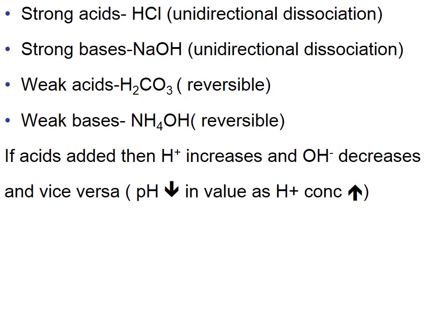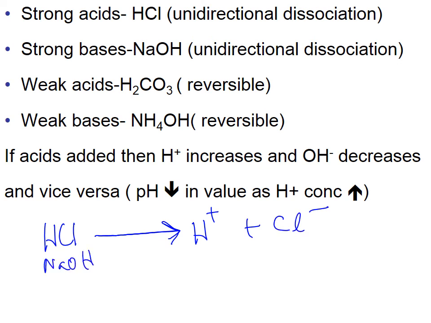A strong acid has unidirectional dissociation. What he means by that is HCl dissociates, and the arrow is just a single pointed arrow. It doesn't go back and forth, not reversible. H plus plus Cl minus. Same way with NaOH, sodium hydroxide, Na plus plus OH minus.